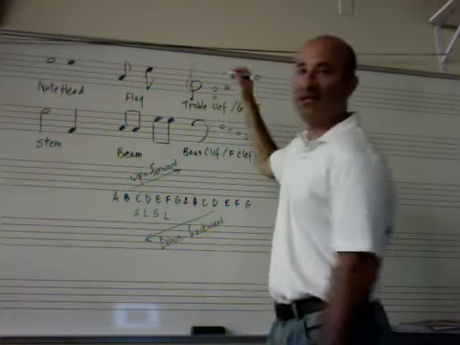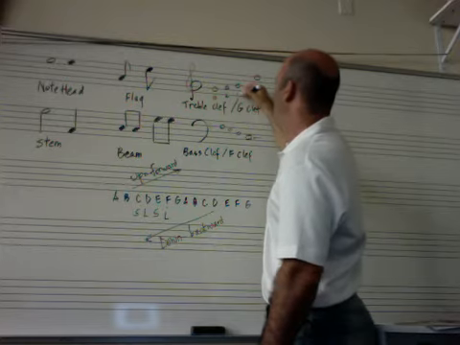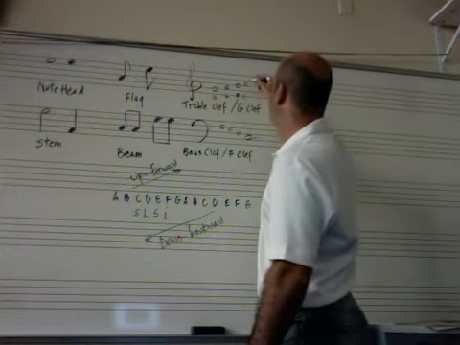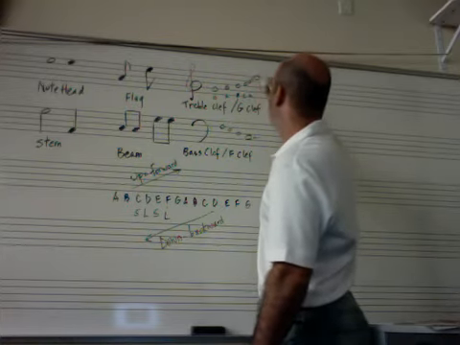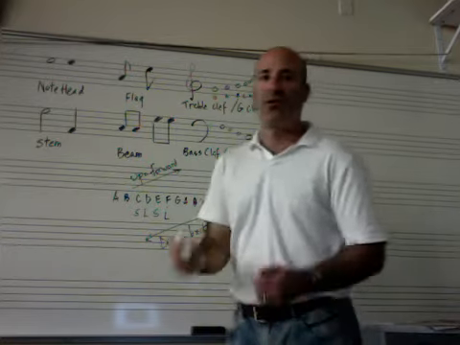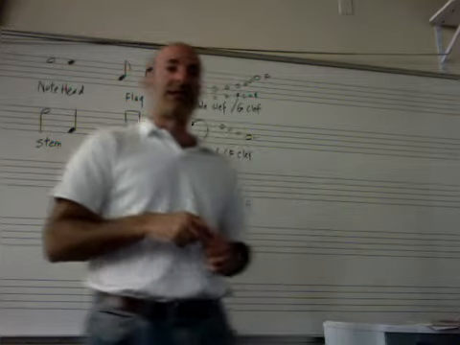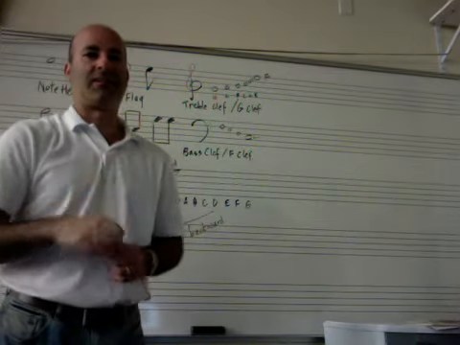So the next space is going to be A, line is B, space is C, line is D, space is E, and then we've reached the top note, which is F. So you want to be familiar with the lines and the spaces, both in treble clef and in bass clef.